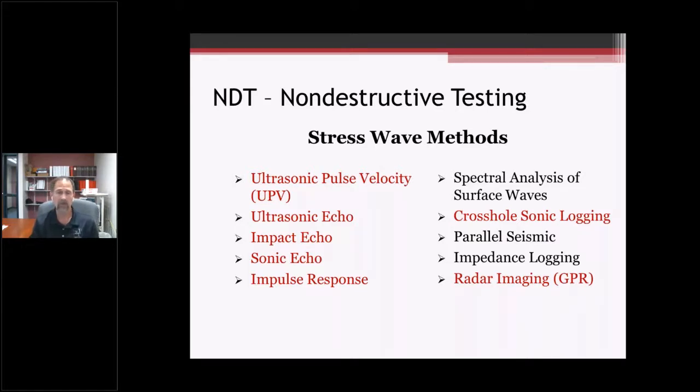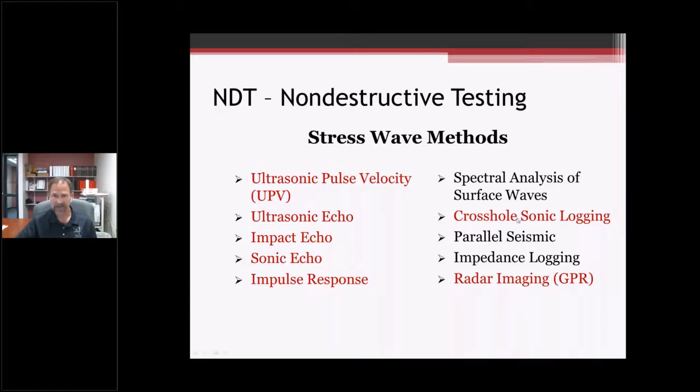They're all going to be what we call the stress wave methods. Most of those are highlighted in red, and all the ones that are highlighted in red are stress wave methods. Spectral analysis of surface waves, that's a stress wave method, and impedance logging. We're not going to talk about those. We're not going to talk in detail about cross-hole sonic logging, but I will say that cross-hole sonic logging, or CSL, is really just a specific application of ultrasonic pulse velocity testing.